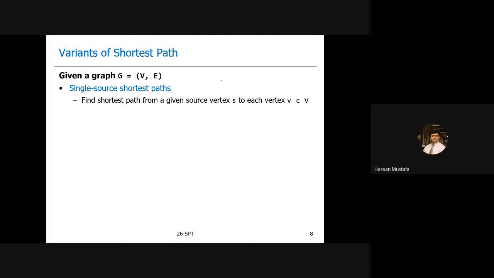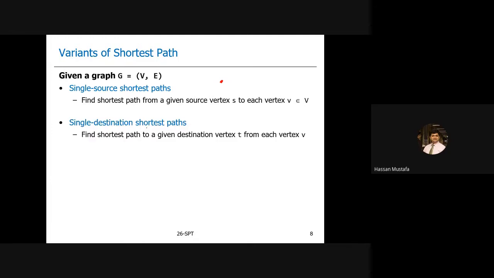So we have one single specific location, and we want to explore the entire graph to find the distances from this vertex to all other vertices. That's single source. Then there's single destination, which is the opposite of single source. For a given vertex, we want to see the cost for all the vertices to reach this vertex.